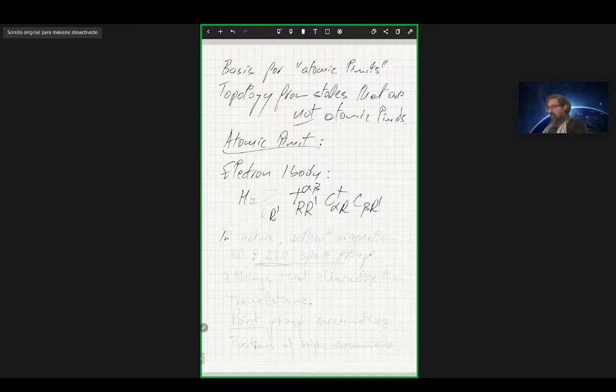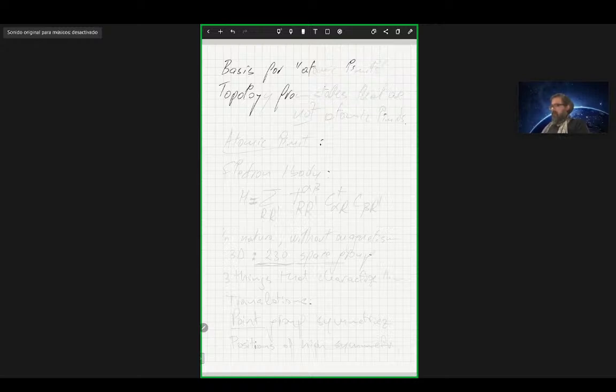Okay, so basically, let's see what we mean by this. Now I'm going to give you an example in 2 dimensions. I'm going to go to the first non-trivial symmetry group, which is the symmetry group with inversion. The only symmetry is inversion plus translations.